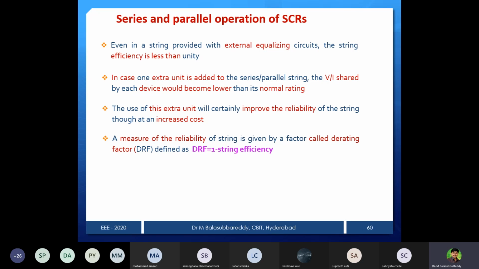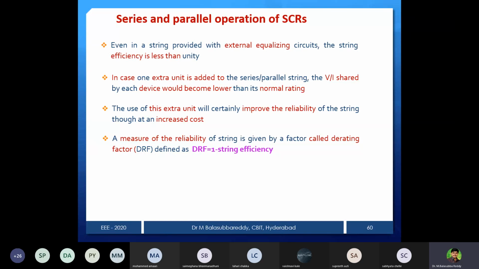The same aspect applies to thyristors also. To carry 100 kV, let's assume each SCR is 10 kV. We need to connect 10 SCRs in series. That means each SCR will carry and block 10 kV. But instead of 10 SCRs, if you use 15 SCRs, what will happen?